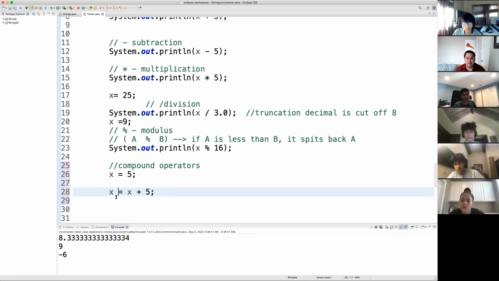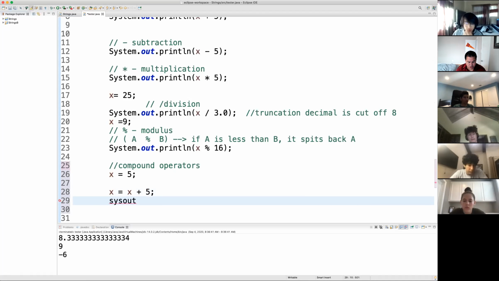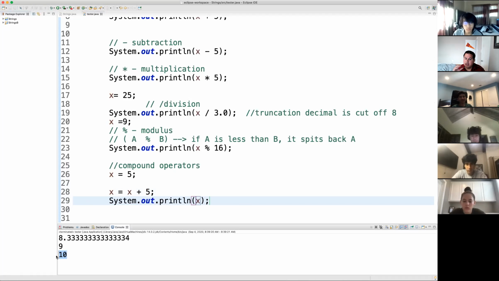Who remembers how I read this? Okay, important. The new value of X is equal to the old value plus 5. So after this, if I print out X, it is 10. Compound operators actually change the value.